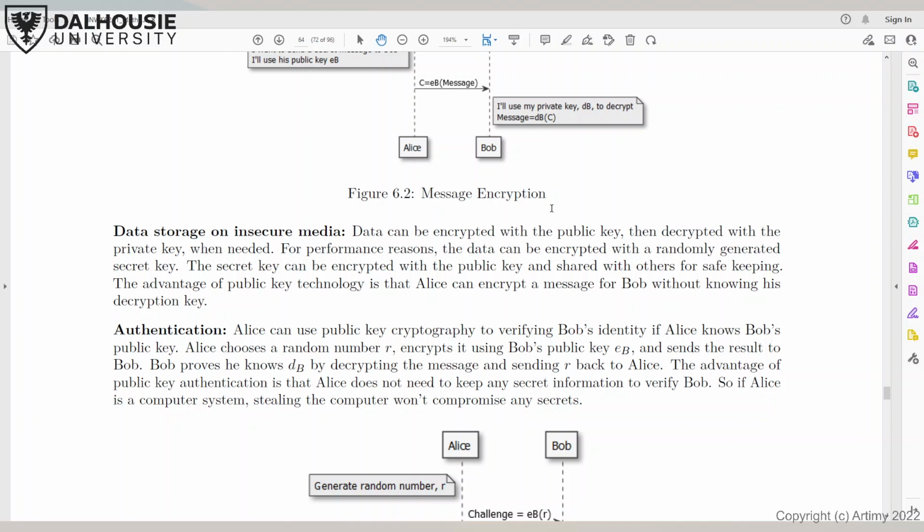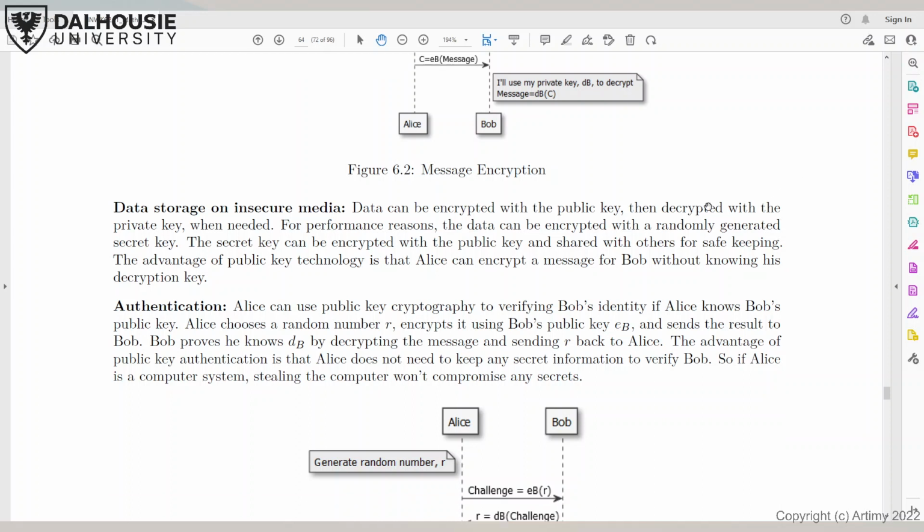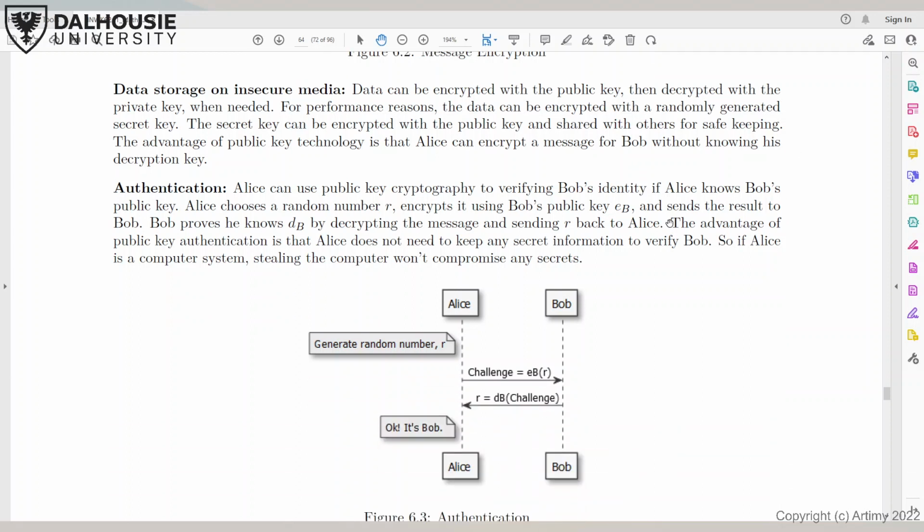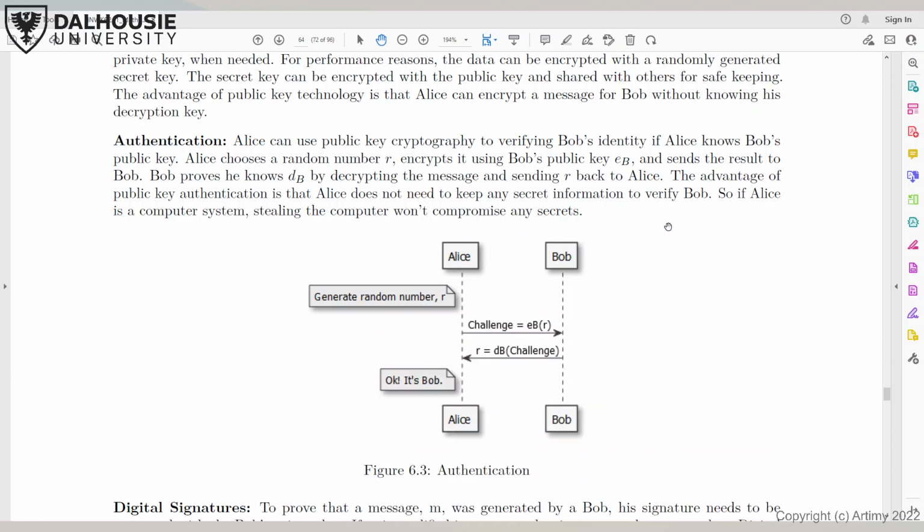This is probably my will, and if I die, you can decrypt the file using my key. So even though he doesn't know your key, he knows how to decrypt your key and then take the key and decrypt your files for you, right? So that's another application that's possible with public key cryptography.